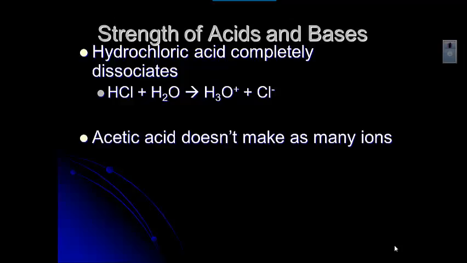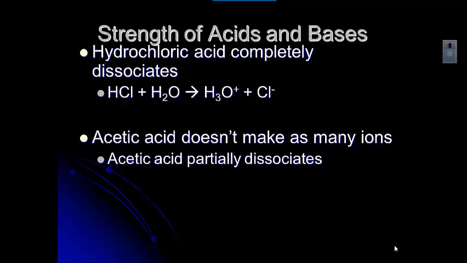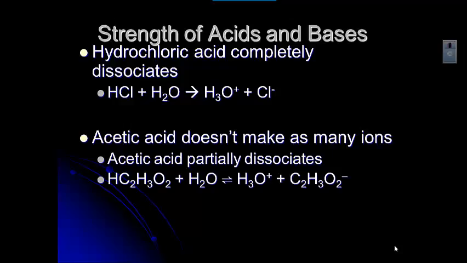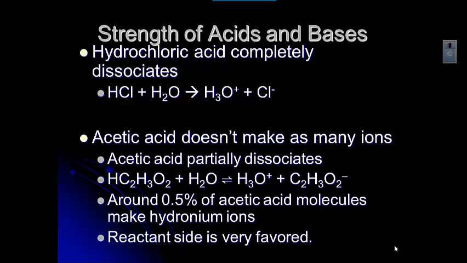When you put acetic acid in water, it doesn't make as many ions. Acetic acid only partially dissociates, and it is an equilibrium expression. You can see with the top reaction with the hydrochloric acid, there's a one-way arrow. It basically all goes to the ions. With the acetic acid reaction with water, you can see that it's an equilibrium system, and only about 0.5% of those acetic acid molecules make hydronium ions.